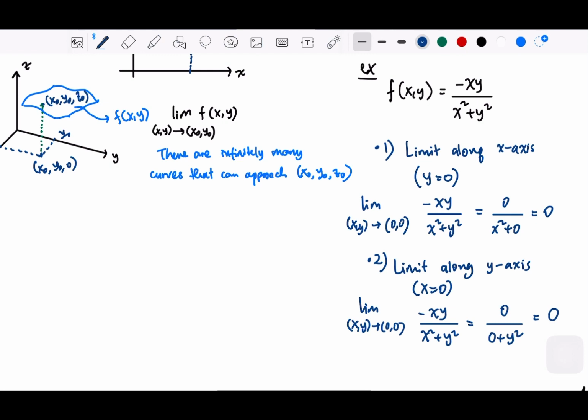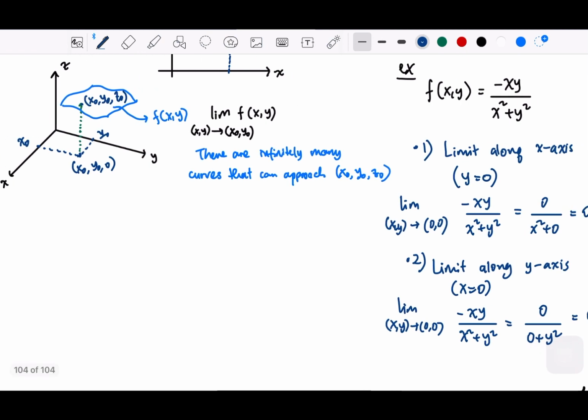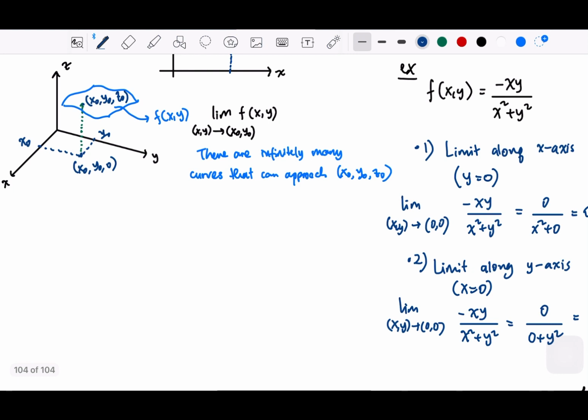So it seems we get the same conclusion. But we can also take another approach that usually will work for most cases. So limit along the x-axis, limit along the y-axis, and then the third one, we can take the limit along, let's say, y equals x.